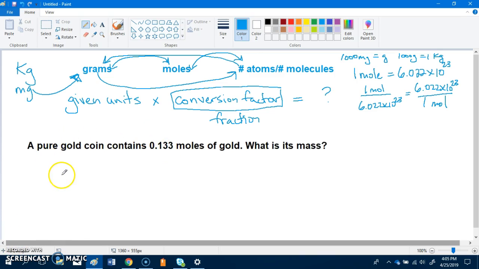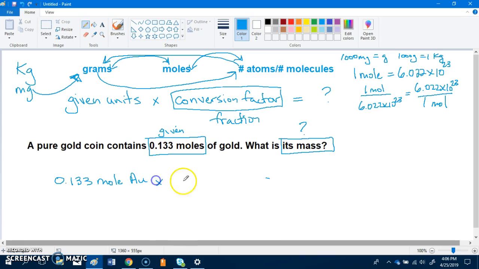So here's our first example. A pure gold coin contains 0.133 moles of gold. So this is what we're given. What is its mass? That's what we're trying to find. So if we set up our standard equation, we write what we're given first, 0.133 moles of gold, and the element symbol for gold is Au.